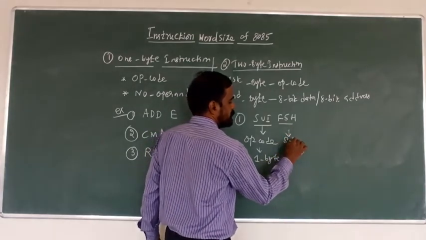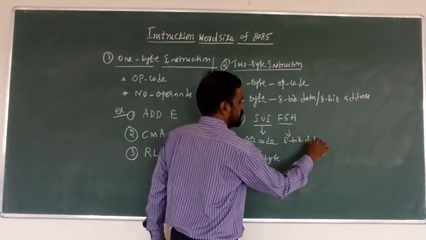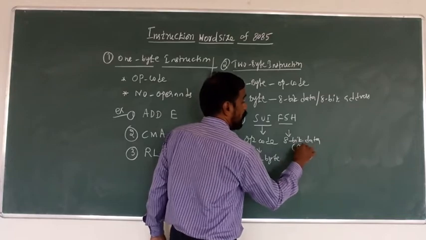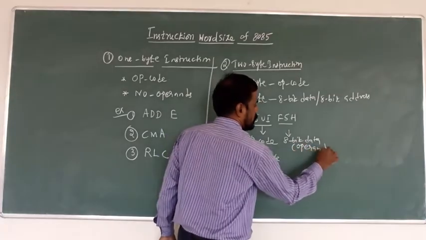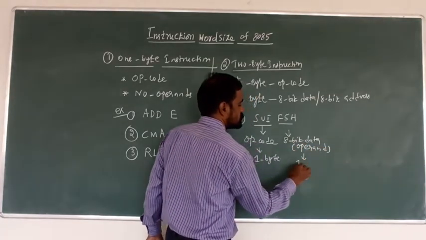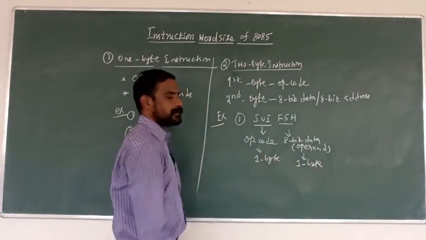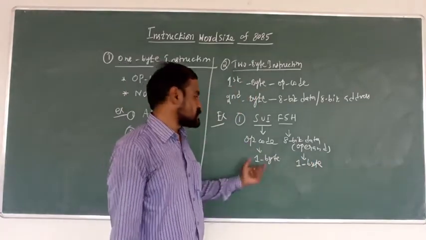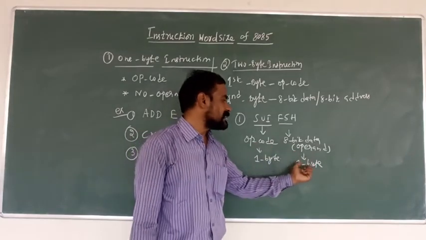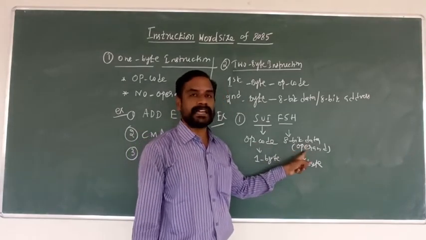This is the operand. This is also 1 byte. Total 2 byte instruction. The first byte is for opcode, the second byte represents 8-bit data.